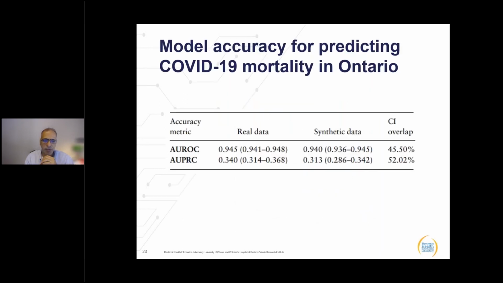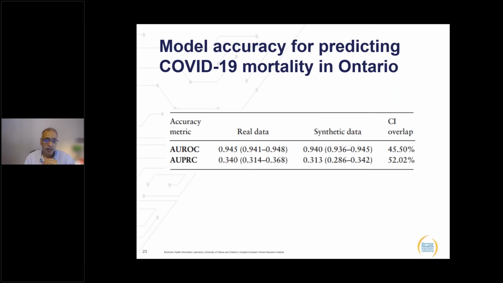This is another example where we looked at COVID-19 mortality in Ontario. So we built models to predict mortality, and we evaluated the area under the curve for building prediction models with the real data and the synthetic data. This is because mortality is quite uncommon.